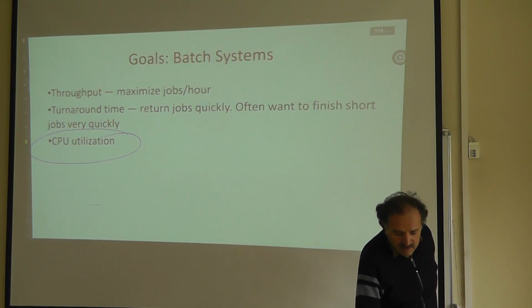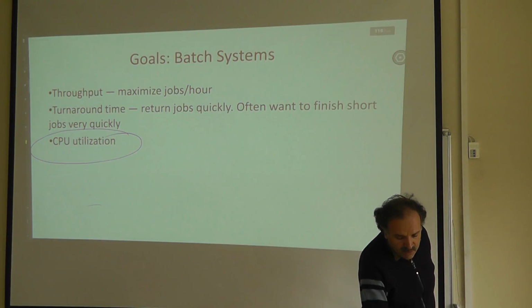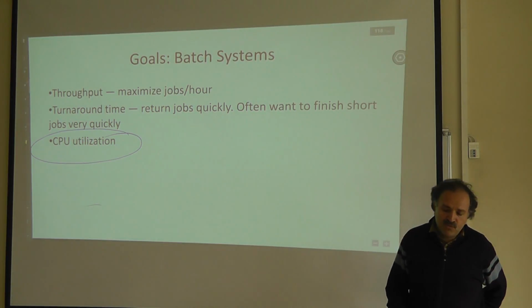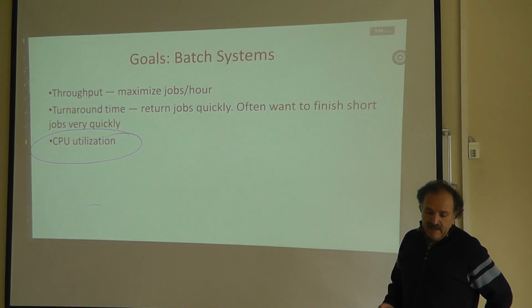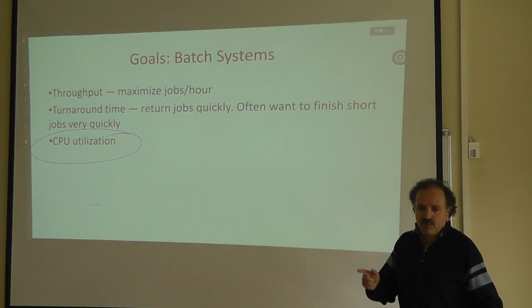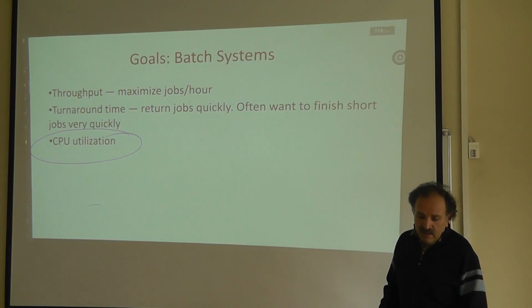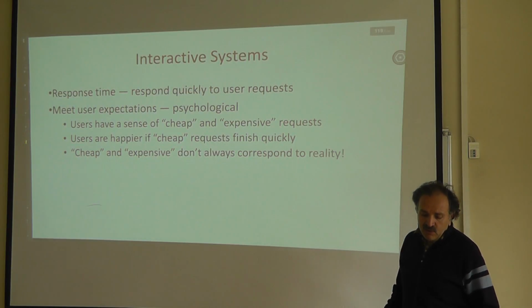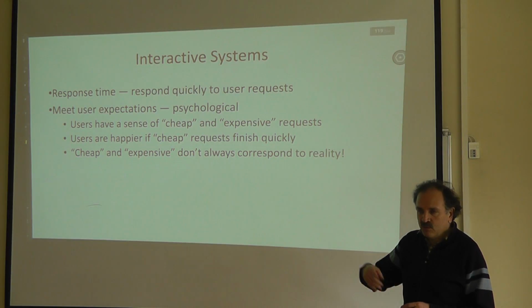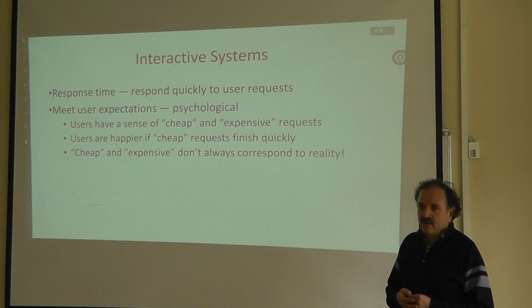In batch systems, turnaround time is a term used for the completion time of the processes. A process starts and a process ends. In interactive systems, usually when I do an interaction, my process still continues but stays interactive.